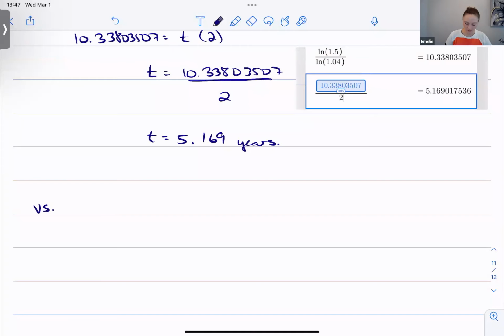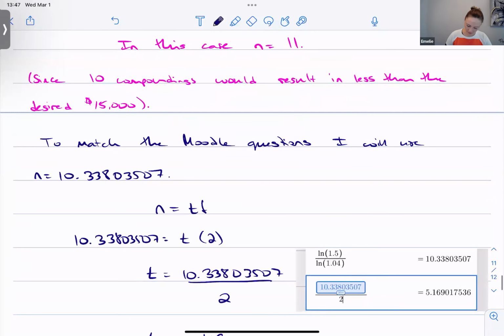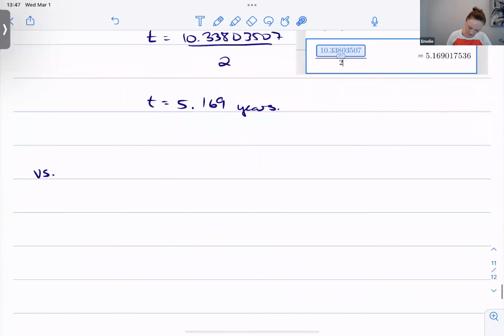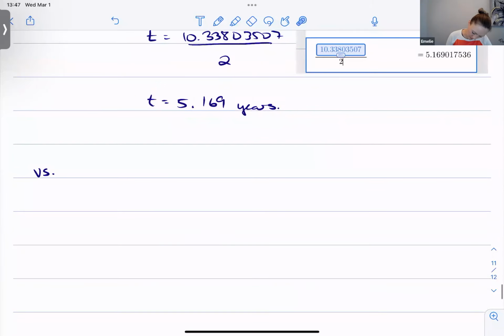What if I use 11 instead, versus properly rounding n equals 11?